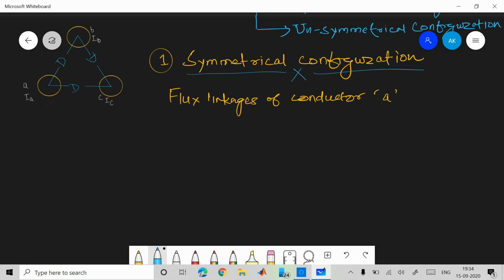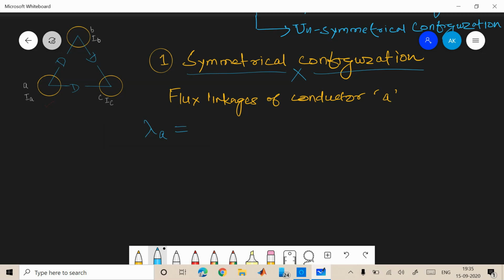We know it is lambda A. This lambda A is the total flux linkage of conductor A because of current IA as well as current IB and current IC, the summation of all the currents IA, IB and IC.